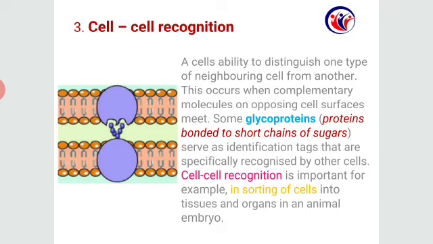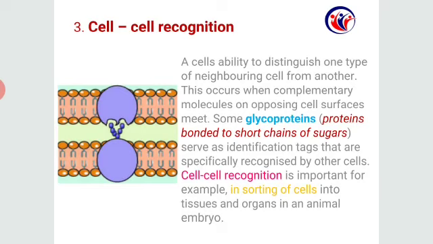So we note a cell's ability to distinguish one type of neighboring cell from another. This occurs when complementary molecules on opposing cell surfaces meet. Some glycoproteins serve as identification tags that are specifically recognized by other cells.